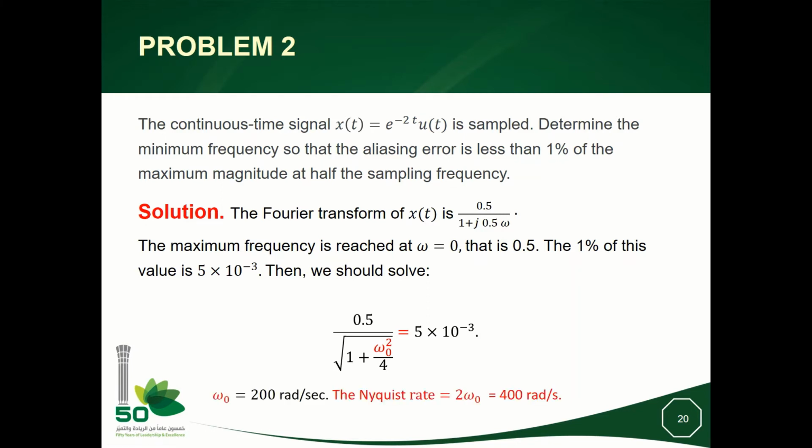By solving this, we will get ω0 equal to 200 rad per second. But the Nyquist rate is 2 times ω0. It means it should be 400 rad per second. So the sampling frequency should be greater than or equal to this value, which is 400 rad per second.